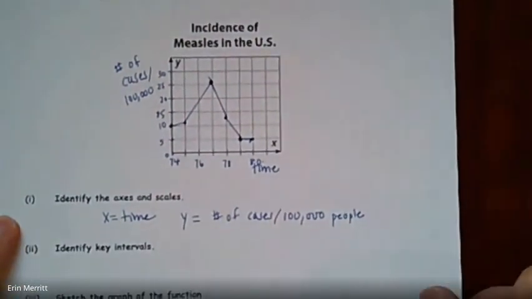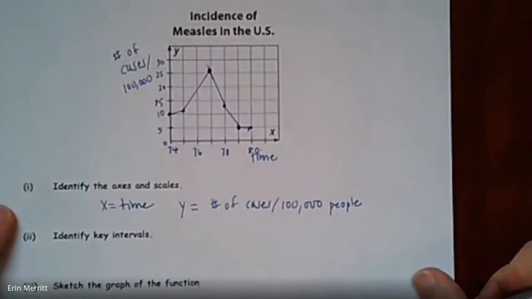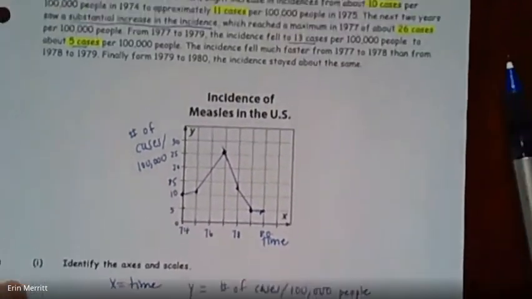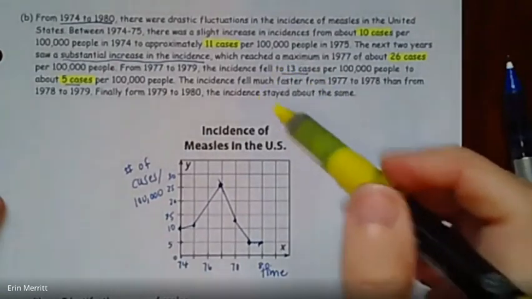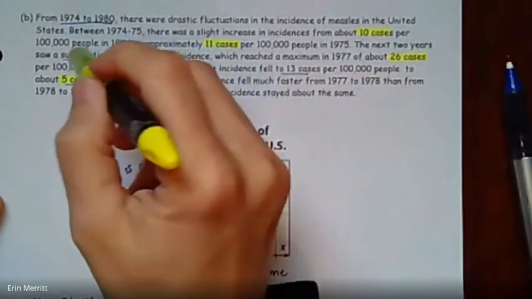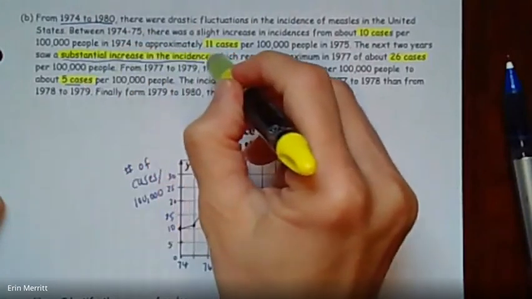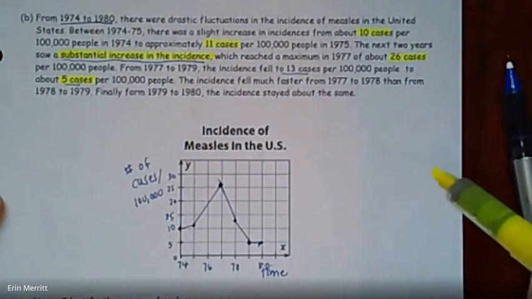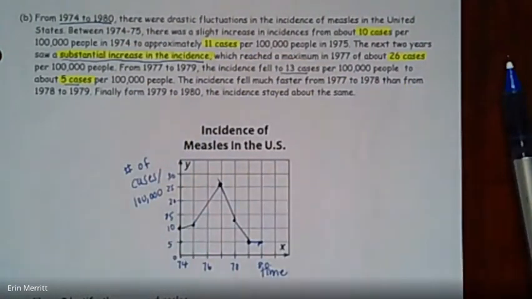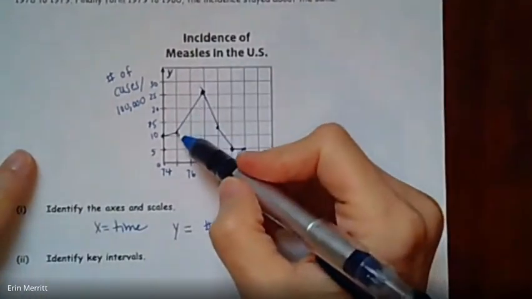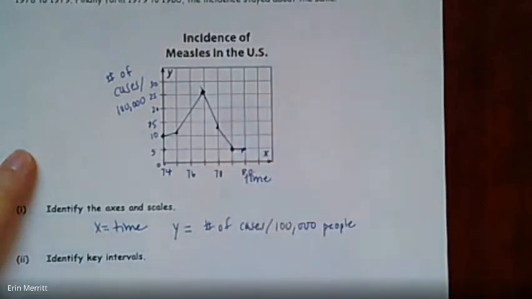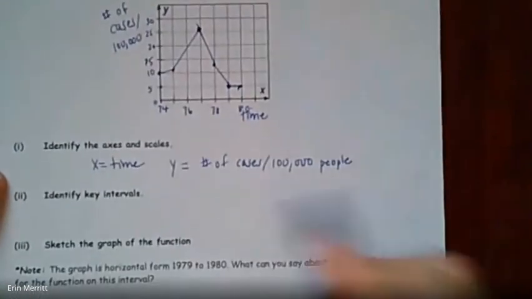When it says identify the key intervals, to me, not trying to be alarmist, but since it's talking about measles, and that's kind of a big deal, when it saw a substantial increase in incidence, where it reached that max in 1977, I would be concerned between 1975 and 1977 when we saw that big jump. Right?